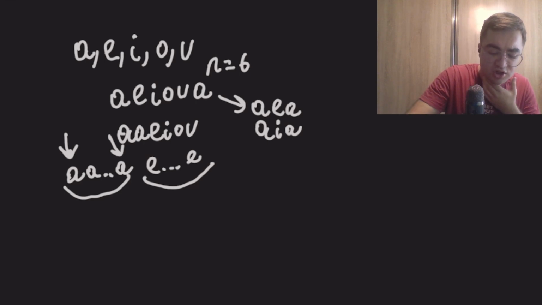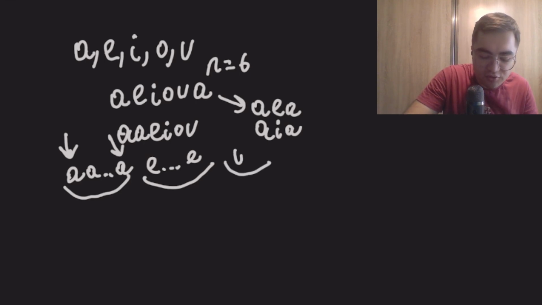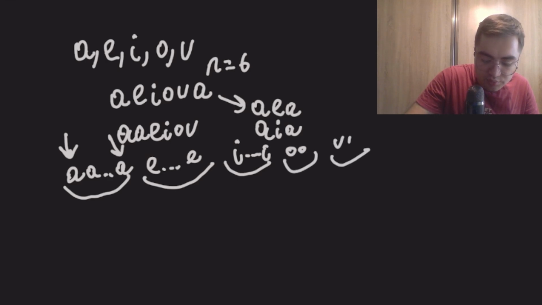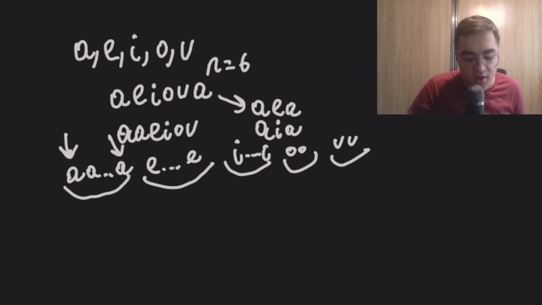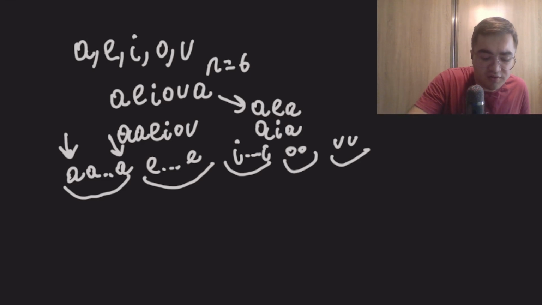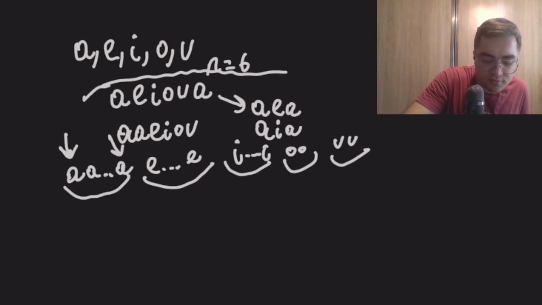So now the only question left is how to know how many A's to use, how many E's, how many I's, how many O's, and how many U's. This is the only question left. From here, you could have logically understood, well, okay, I can just repeat A, E, I, O, U, right?